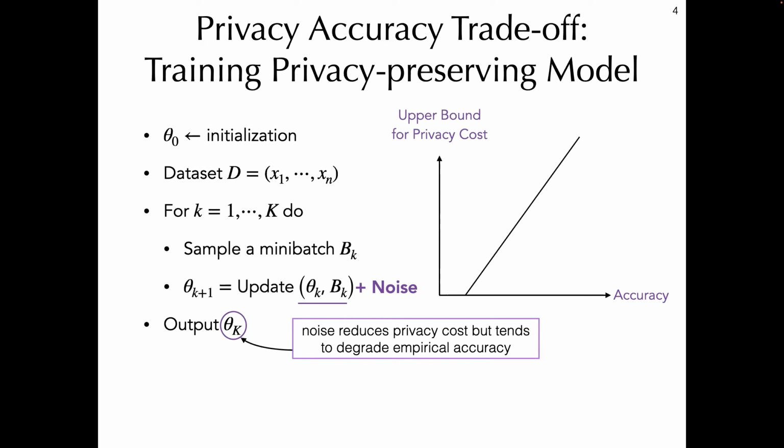Because the actual privacy loss of an algorithm is often difficult to analyze, people often can only obtain upper bounds for this privacy cost and plot the curve with the upper bound.